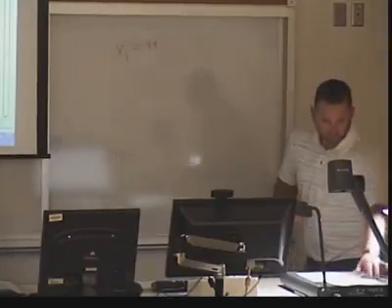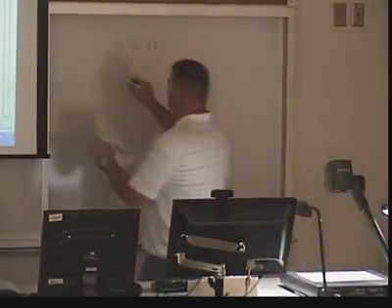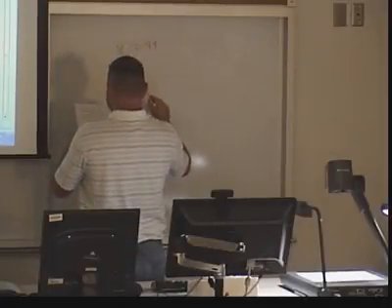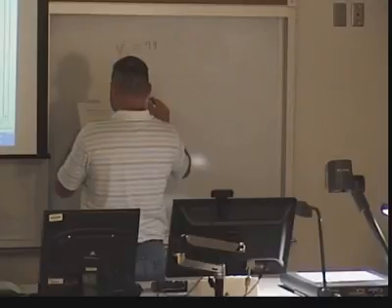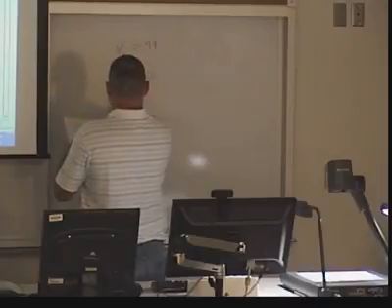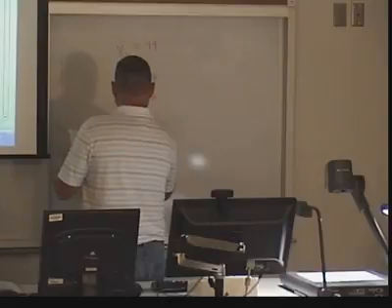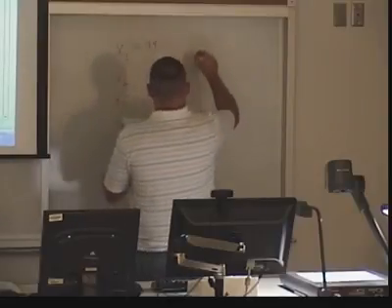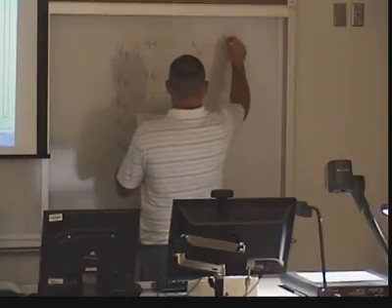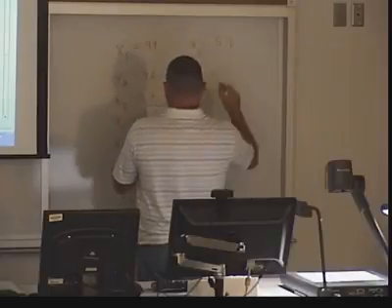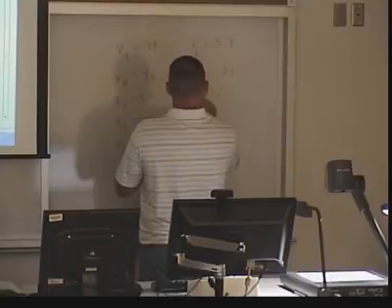X sub 2 was what? 46. X sub 3 was 57. X sub 4 was 58. X sub 5 was 58. X sub 6 was 59. X sub 7, remember there were no 60 values, was 71.